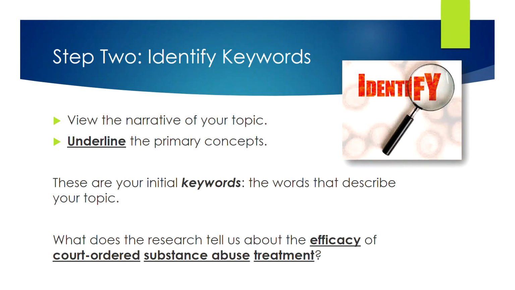So we can kind of disregard those words. But then the second piece of it is, what research are we looking for? We're looking for research that talks about efficacy, about substance abuse treatment specifically, and those types of substance abuse treatments that are court ordered. So just by doing that, we have 4 unique search terms or keywords that we can put in our database.